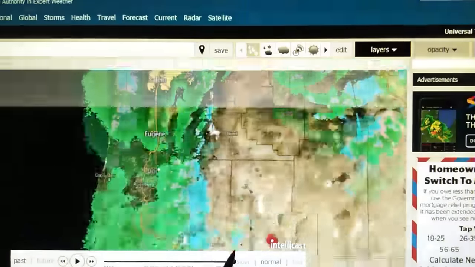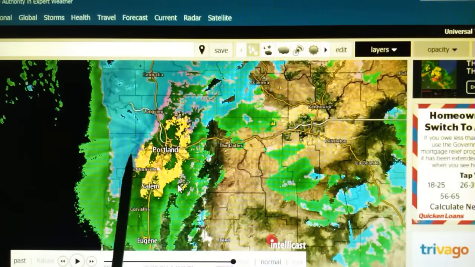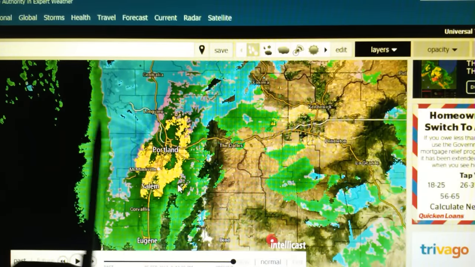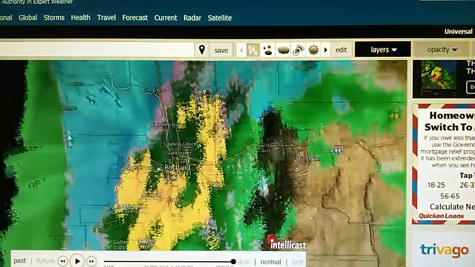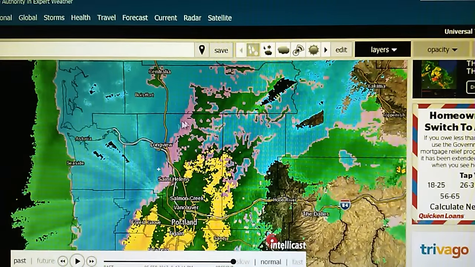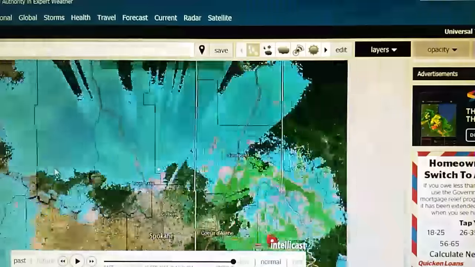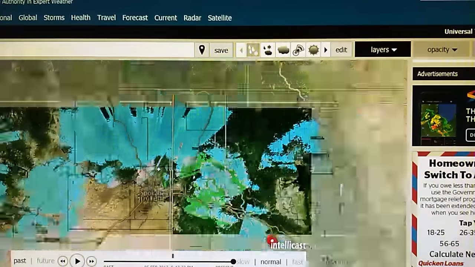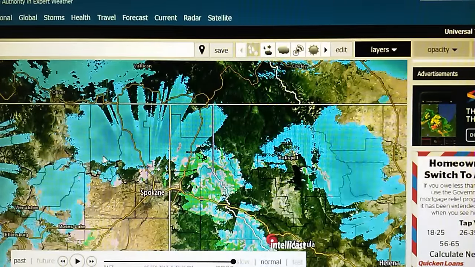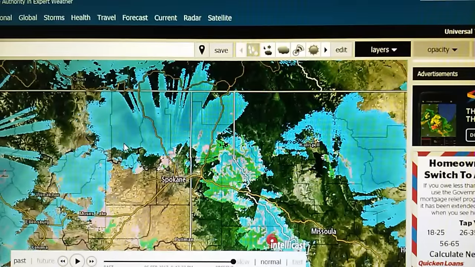As we continue north into Portland, we see another transmitter right here, chopping up the rain and snow pattern right there, and also right here in Camano Island near Seattle. Everything is being chopped up. And over here by Spokane, same thing. These ground NEXRAD transmitters work dual function.